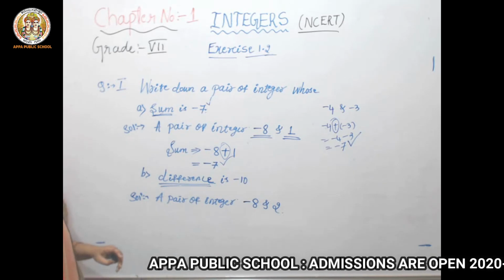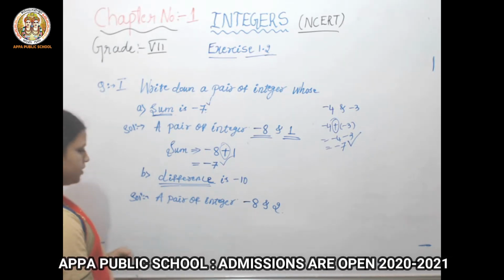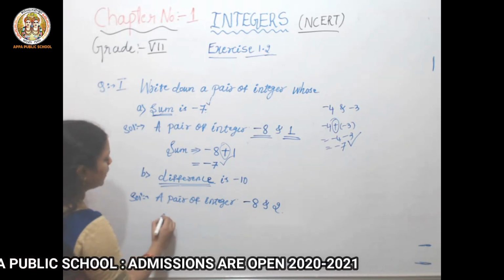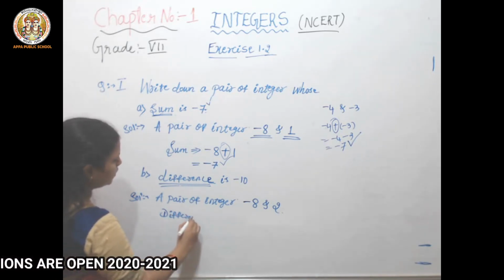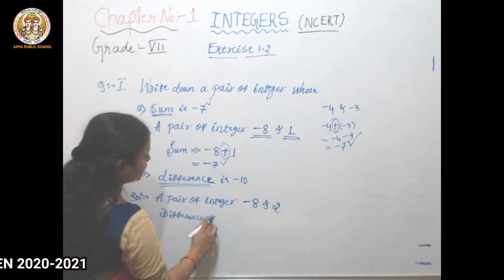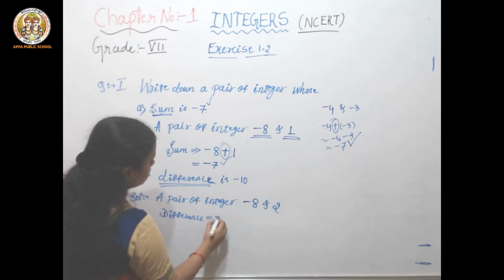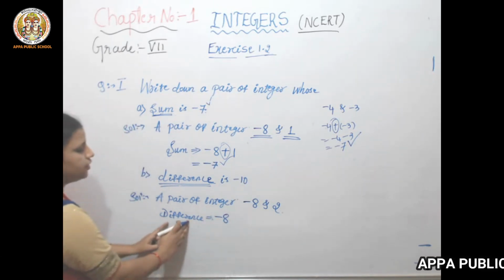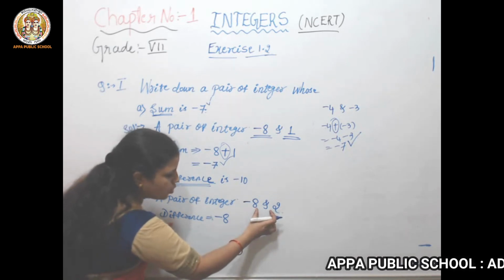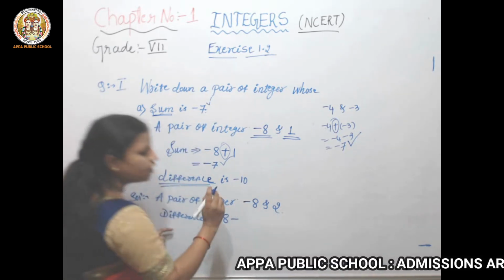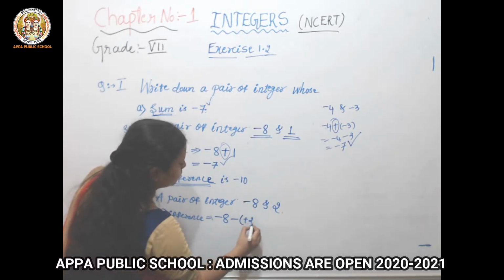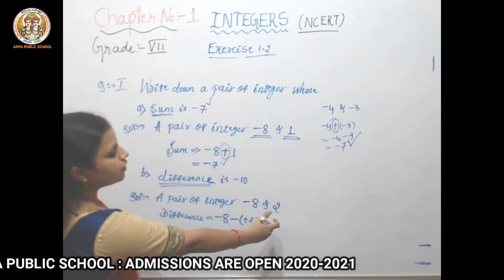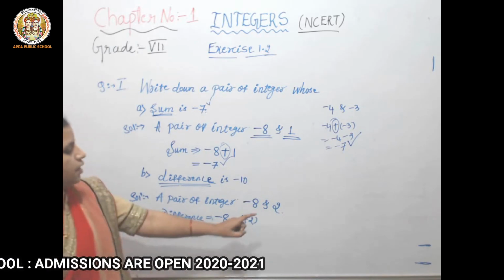Minus 8 and 2. Let us check it, as it is a difference. How much should we get as the difference? Minus 10. Difference means you put a negative between these two integers, so minus 8 minus 2, because before the number with no sign it is positive.